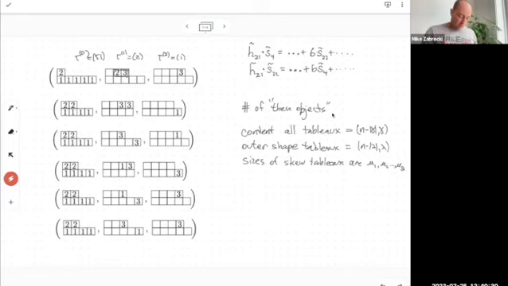Okay, so this one is of size 2 and this one is of size 1 because we're multiplying by H21 tilde.